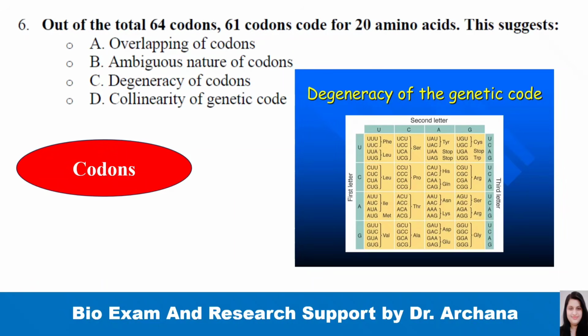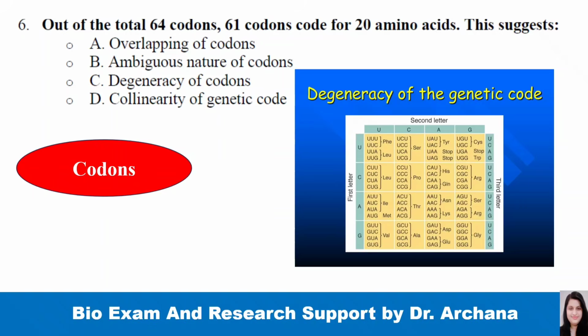Now the sixth question says that out of the total 64 codons, 61 codons code for 20 amino acids. So this suggests overlapping of codons, or ambiguous nature of codons, or degeneracy of codons, or collinearity of genetic code. So overlapping means codons are read non-overlapping.